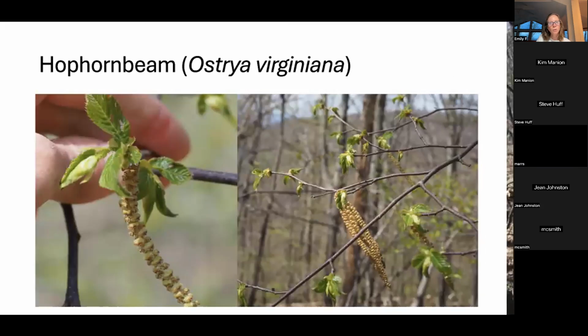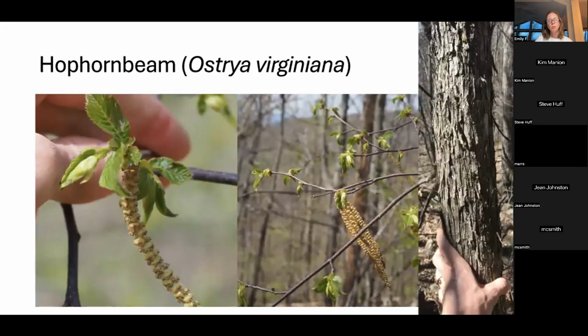This is the hop hornbeam, and I actually did remember to put the bark in this one. And the female flowers are going to be coming out of this piece on the end. I was on the very edge of the parkway, ready to tumble off as I was trying to get these pictures yesterday.